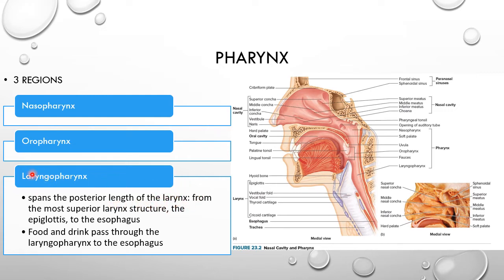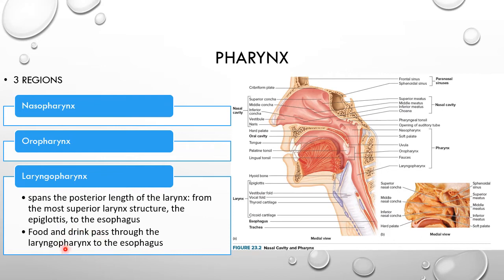Okay? So, meron kang clue actually, no? Sa kanilang names. Okay? From the most superior larynx structure, the epiglottis to the esophagus. Yan yung kanyang length, no? This region of the pharynx, both pa rin, food and drink, pass through the laryngopharynx to the esophagus.